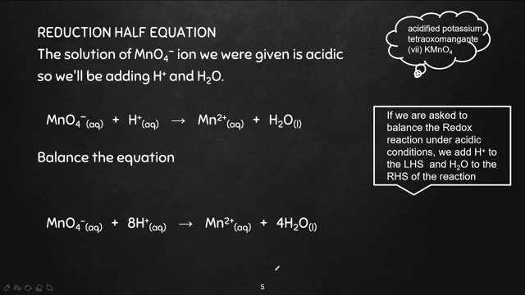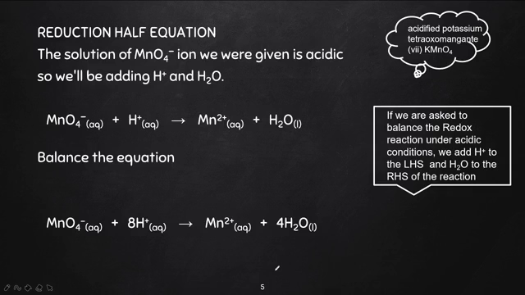If you think of it, the manganate ion has four oxygen atoms. How are we going to balance those oxygen atoms if we don't balance the other charges? Those are the two major reasons why we add hydrogen ion and water to balance it, because hydrogen ion and water are already present in that reaction. In acidified KMnO4, hydrogen ion is present there.